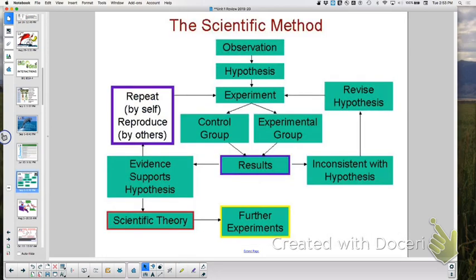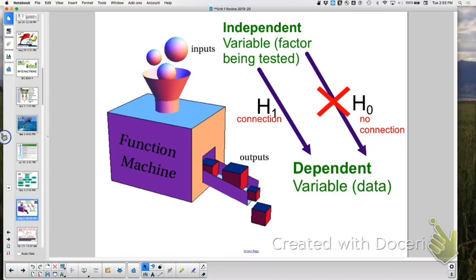Scientific method, your science notebooking, you can follow that to see the scientific method. I think you're comfortable. We have gone over this. Independent variables versus dependent variables. So which one is the one I choose? Independent. Which one is my data? Remember we talked about research versus what hypothesis? No. Research is I'm looking for a correlation.